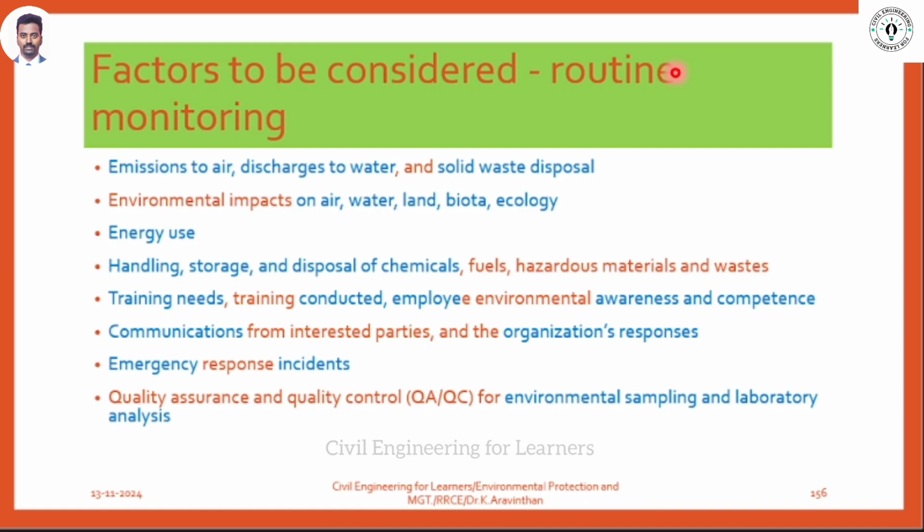So these are routine maintenance. Certain things are periodic, certain things are routine. Periodic is when, after some particular period, you monitor. It might be 3 days or 4 days; every 4 days you have to monitor. That is called periodic. Routine is every day. Whatever you are measuring every day is called routine.